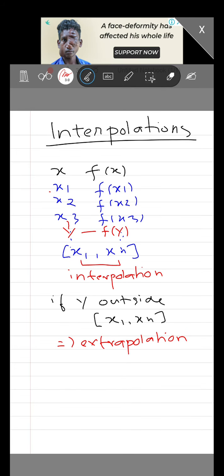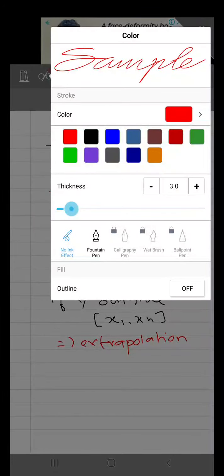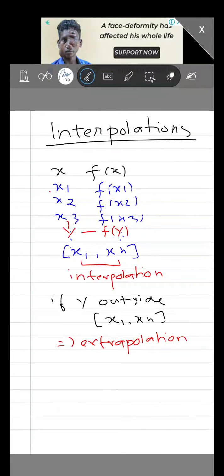So we'll take up these interpolation techniques one by one. We'll first start with something called Lagrange's interpolation.